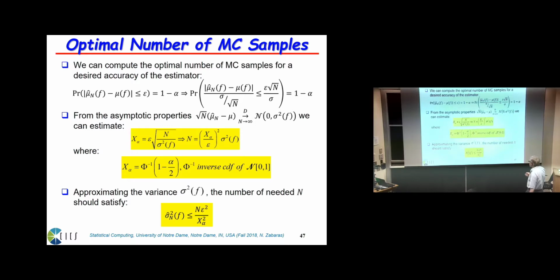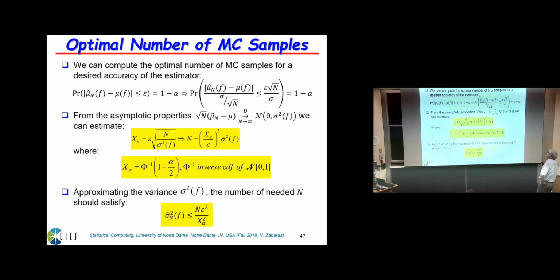So you can actually show that the problem is a little bit complicated. The algebra is exactly as in the circle problem. You can show that the sample variance has to be less than or equal to n times epsilon squared divided by this inverse CDF function computed at 1 minus alpha over 2. I know you are not going to believe me, and you will not believe me unless you actually look at the circle problem, all right?